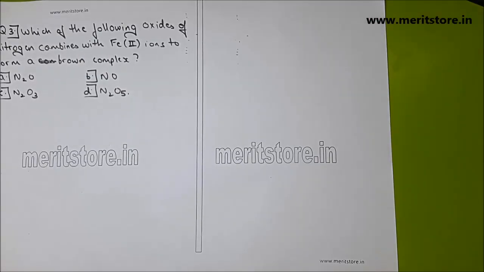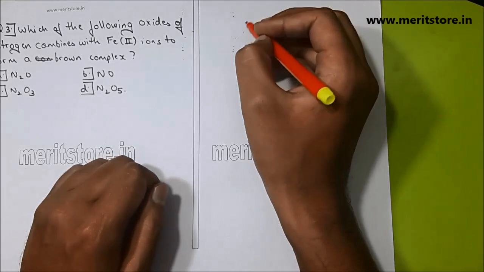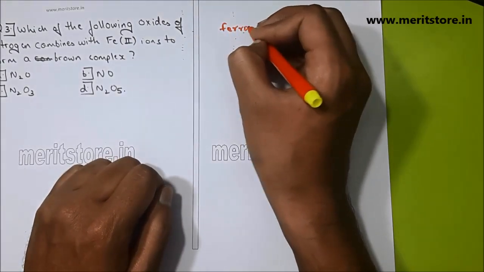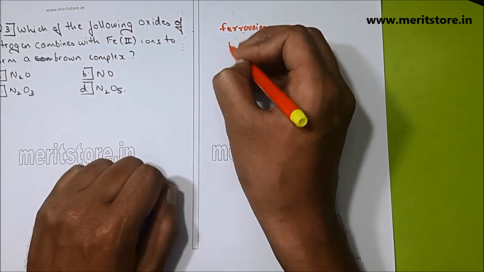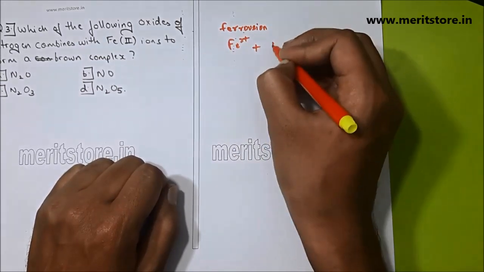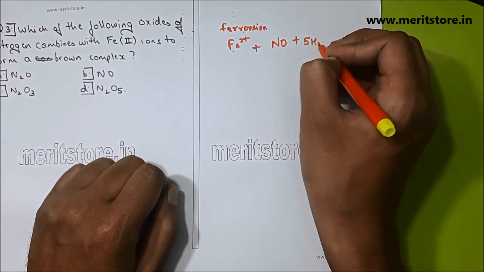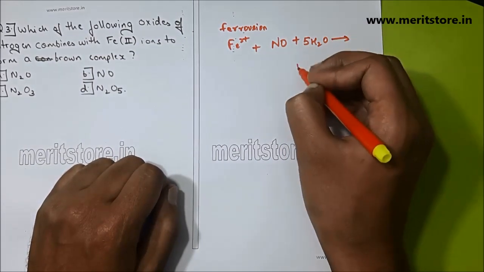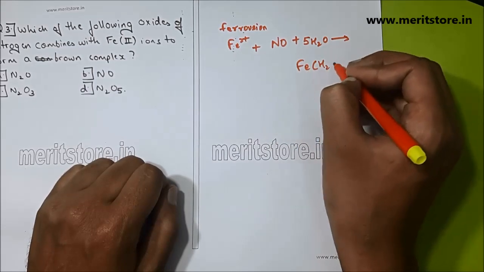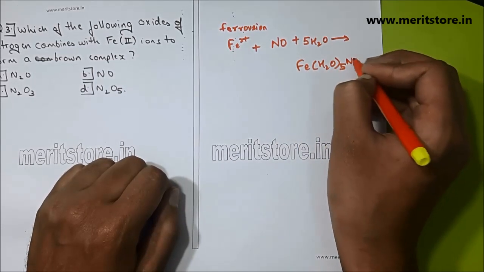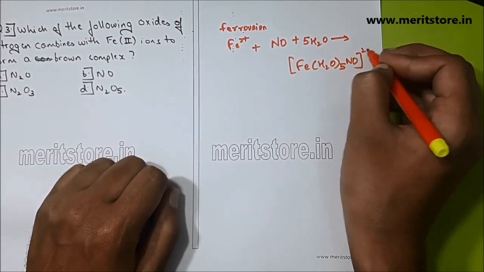3. Which of the following oxides of nitrogen combines with Fe2+ ions to form a brown complex? A, N2O, B, NO, C, N2O3, D, N2O5. When ferrous ion, which is Fe2+, reacts with NO, nitric oxide, in presence of 5 moles of water, it gives a complex [Fe(H2O)5NO]2+.